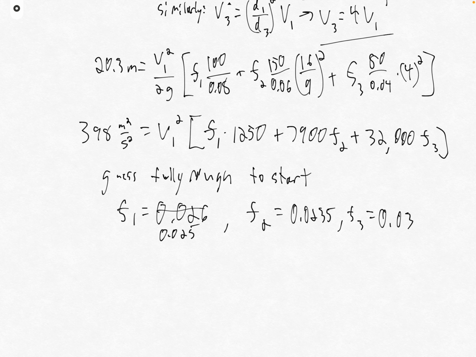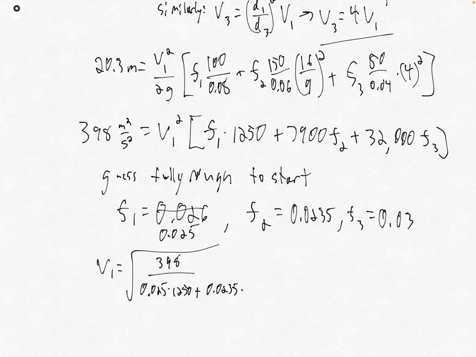So with those values, if we plug that in, V1 is equal to the square root of 398 over 0.025 times 1250 plus 0.0235 times 7900 plus 0.03 times 32,000.